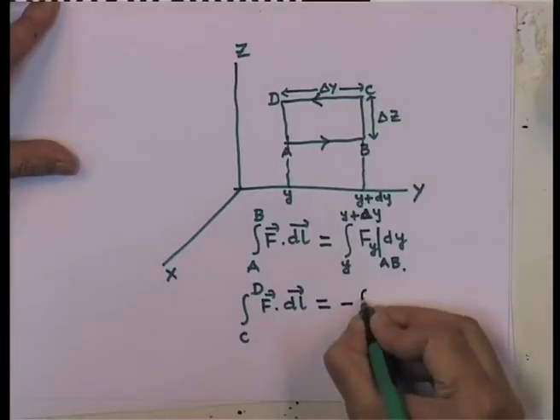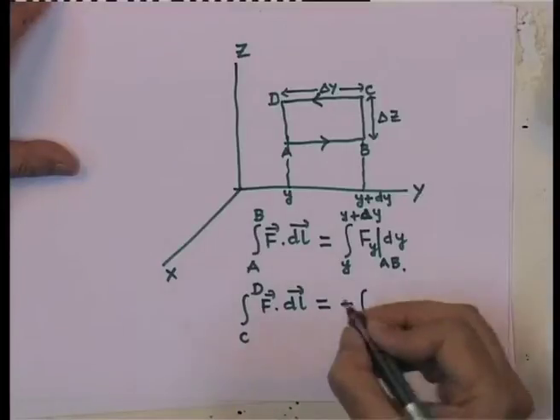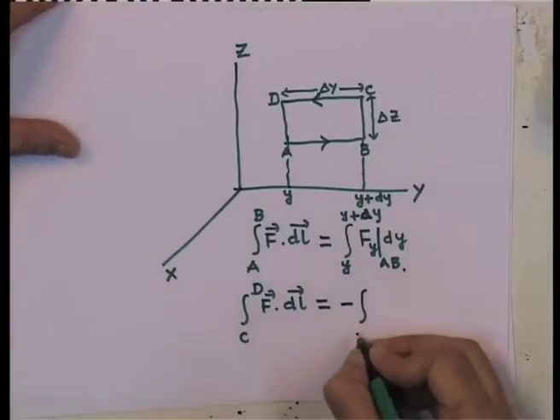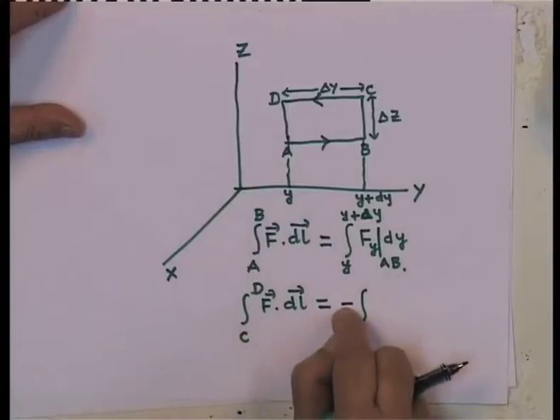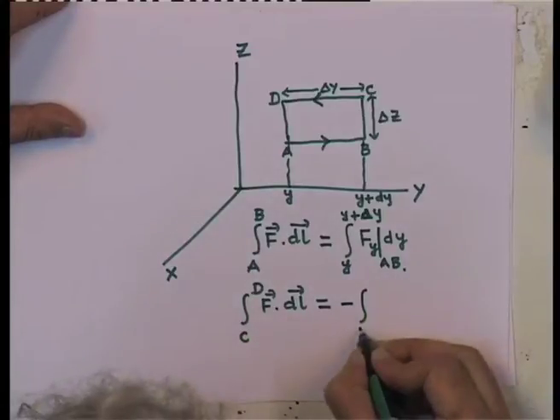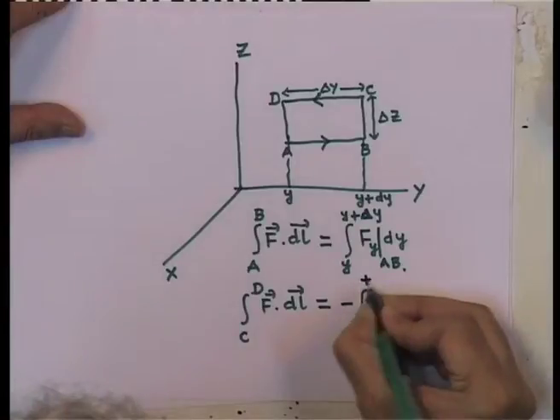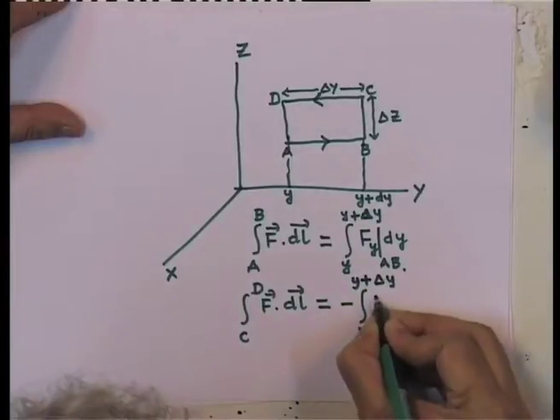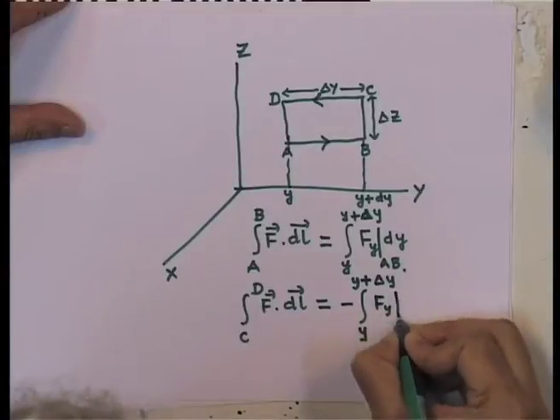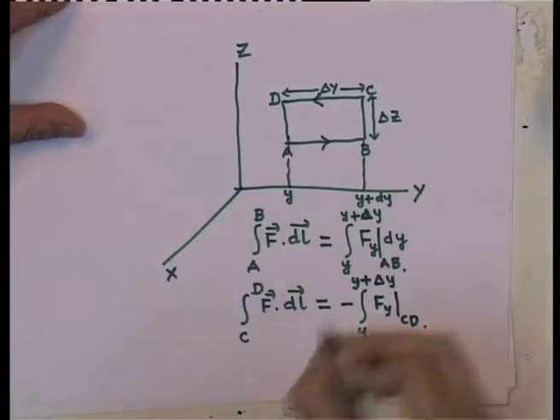So, this will be from C to D. Now, C to D simply means that I have already taken care of the minus sign, and so it is y to y plus dy, and again f y, but this time evaluated on C D, dy.